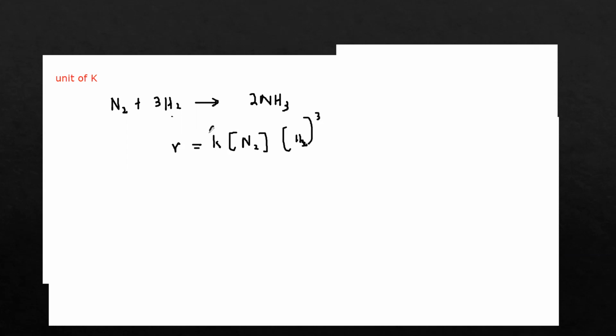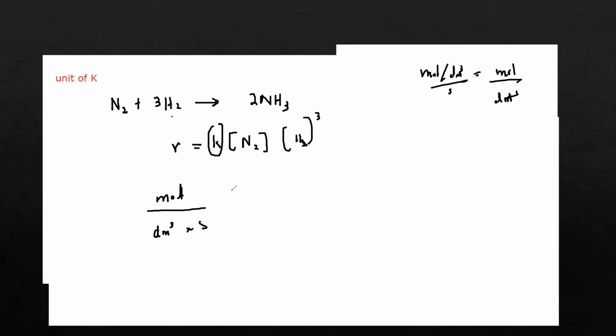Now we need the unit of k. So what is the unit of rate? Rate is mole per dm cube per second. So mole divided by dm cube and per second, I can also write as mole by dm cube second.